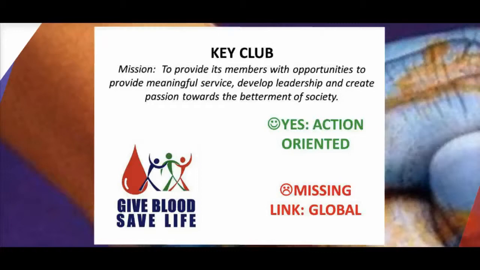So it is very action-oriented. It's very important, but there is a global link missing. There's potential here to focus globally, but most of the blood donations go right here to Pittsburgh, so there's more of a local focus to this project. So this is missing that global link.